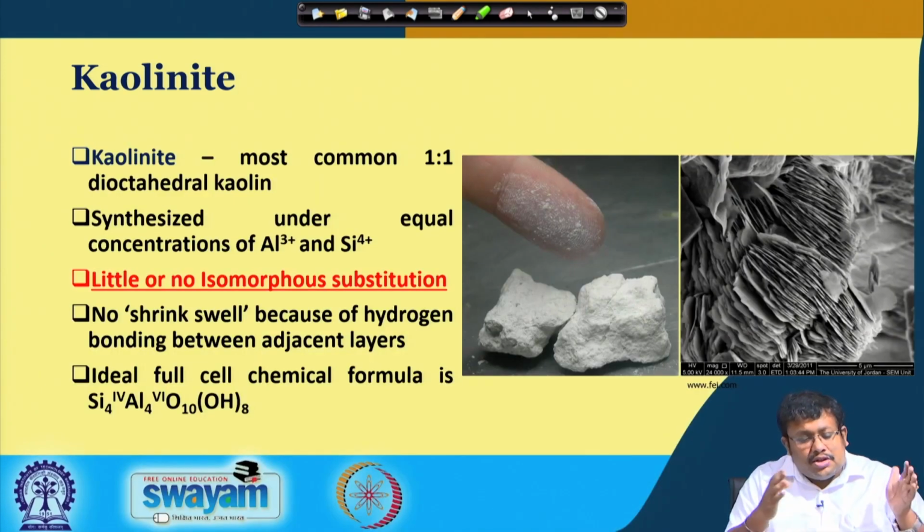Kaolinite is the most common 1:1 dioctahedral kaolin, and it is synthesized under equal concentration of aluminum and silica. You know that it has little or no isomorphous substitution.